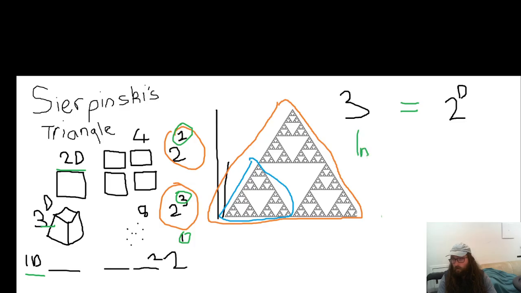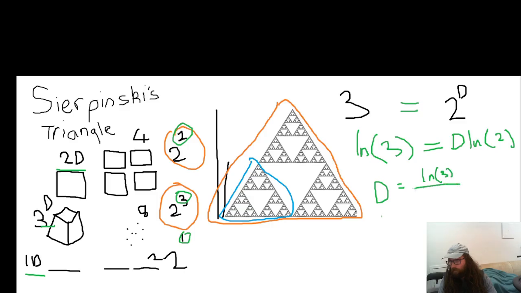Now if I take the natural log of both sides, I get the natural log of 3 equals, using the log rules, I can put d out in front, d times the natural log of 2, which means that d is going to equal the natural log of 3 over the natural log of 2, which equals about 1.585.